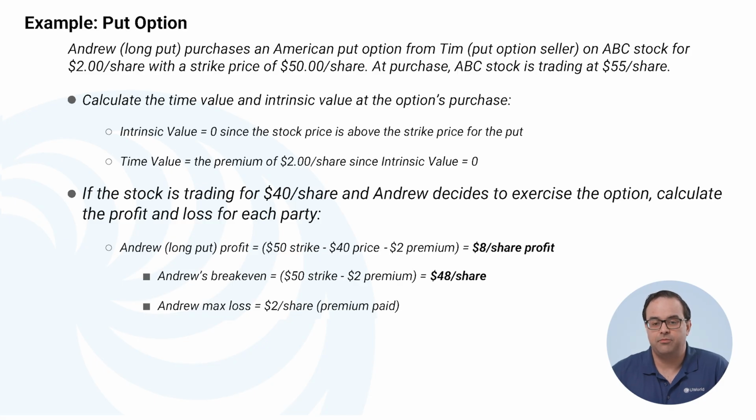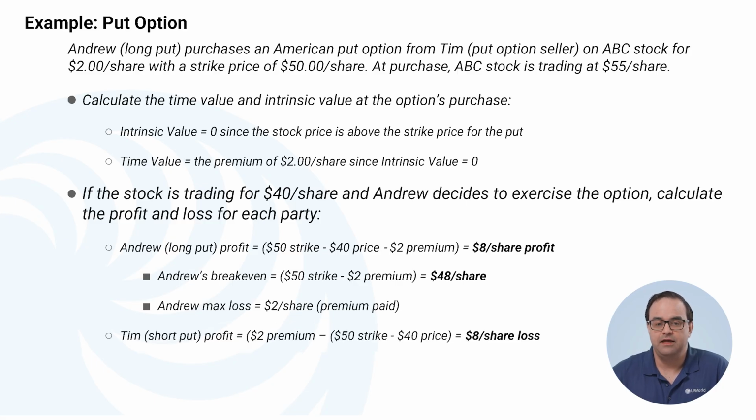In this case, the portfolio manager's profit is $8 per share on the long put. For the short put, Tim, the profit and loss would be the opposite. He would incur a loss of $8, which is the $2 premium that he collected for selling the put, less the $10, which is the amount the put is in the money.